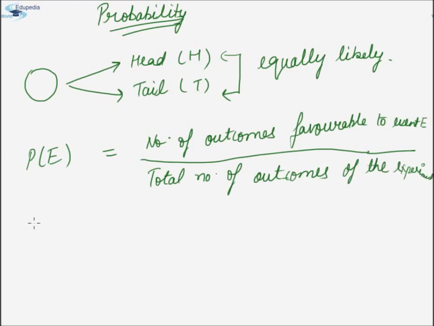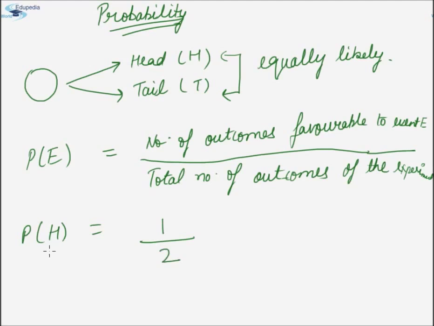Now in our case, if we need to find the probability that the top face bears a head, then the number of outcomes favorable to this event is only this outcome. So we have 1 in the numerator, whereas the total number of outcomes is 2.